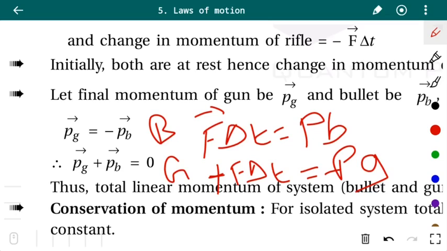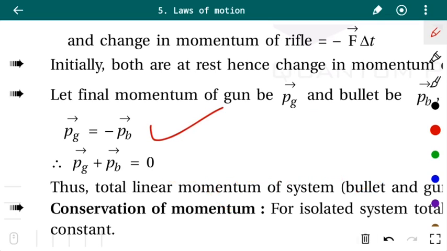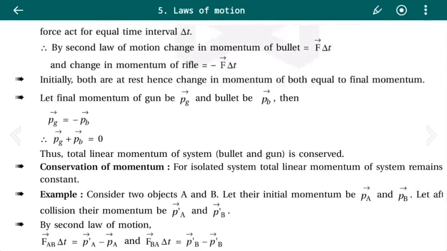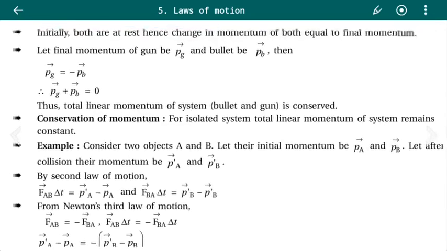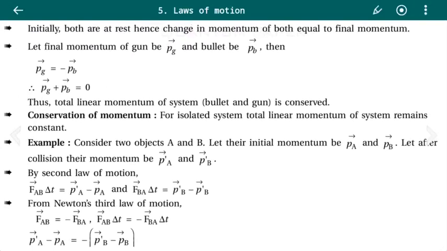So we can compare these two and write Pb equals minus Pg. Taking minus Pg to the left hand side, it is Pg plus Pb equals 0. So we can say that the total linear momentum of the system, a system consisting of the gun and the bullet, is conserved. So we can write this statement: conservation of momentum. For an isolated system, the total linear momentum of the system remains constant.